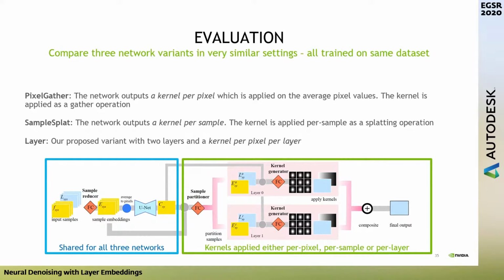The second half, highlighted in green, is different for all variants. For the per pixel network, we generate a single kernel per pixel and apply that. For the per sample network, we generate unique kernels for each sample. And for our per layer approach, as visualized here, we generate a unique kernel per pixel per layer.